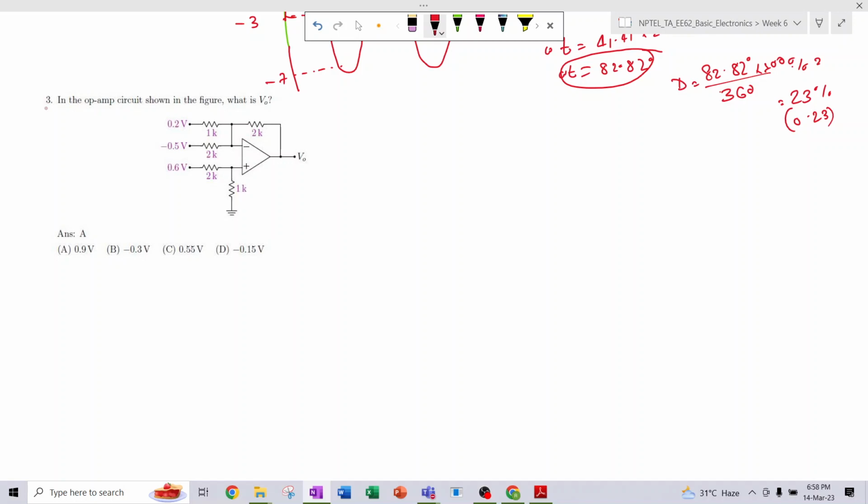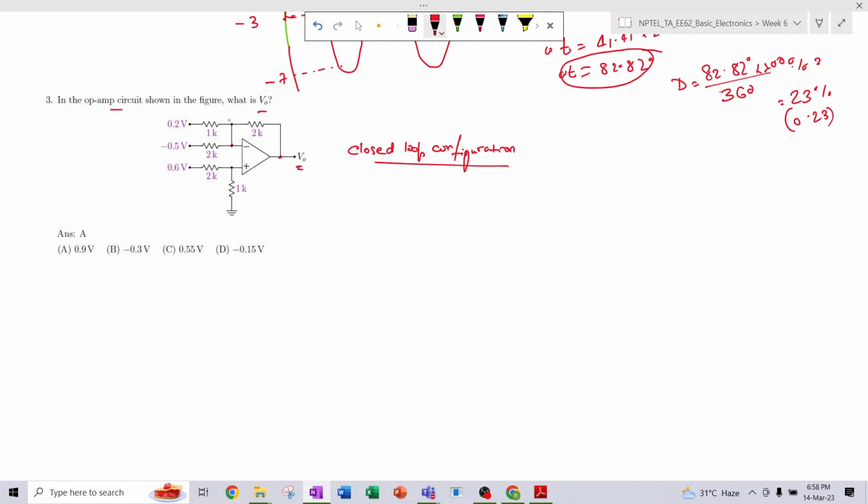Okay. So now the next question: in the op-amp circuit shown in the figure, what is the value of VO? So see, here it is a closed loop configuration. Why is this a closed loop configuration? Because there is some path from output to input.